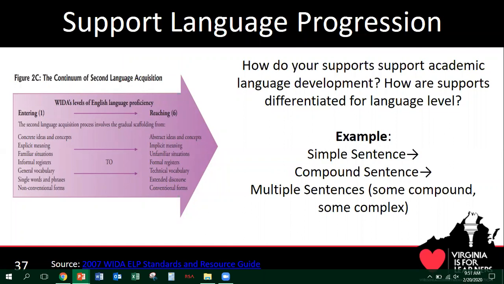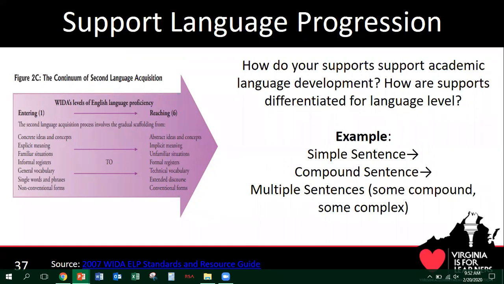But as we're thinking about differentiation of supports, we want to take student level into account. And I've mentioned this a couple of times. Students at the beginning level might need more simple sentences, maybe single words and phrases to be able to describe the content. But then our models should increase in complexity to apprentice students, to model for students how to create language at the more sophisticated levels.